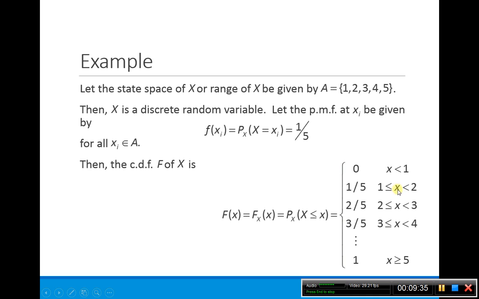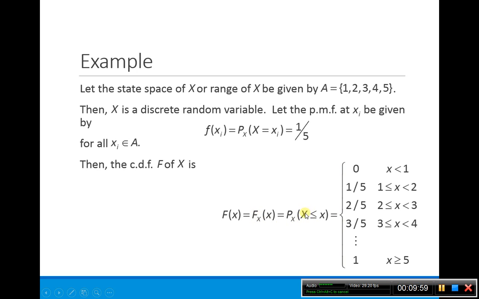What is the probability, what is our cumulative distribution function, if little x lies between 1 and 2?